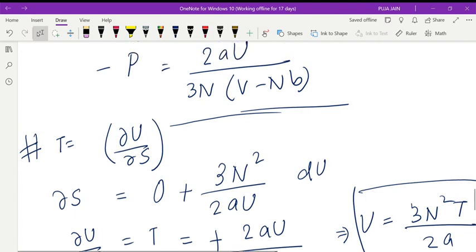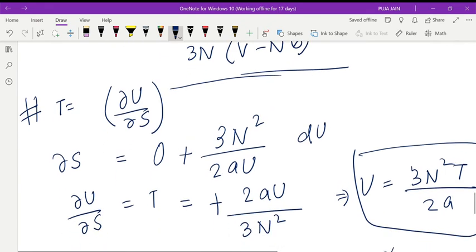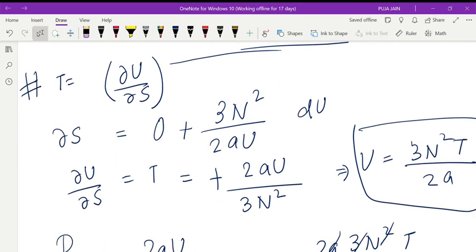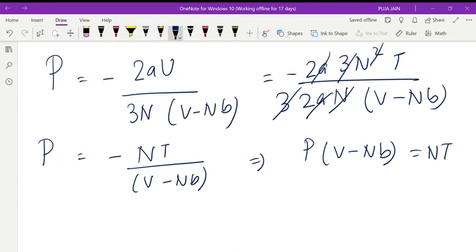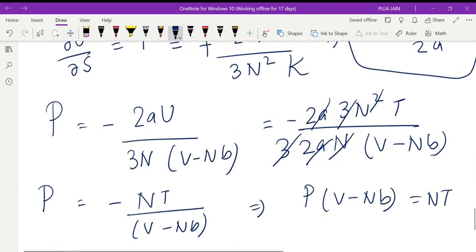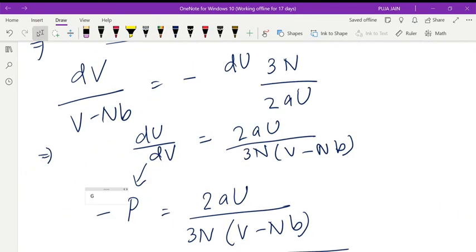Yes, here there was a term k, so this k will come here. So we are getting P(V minus nb) is equal to NkT.